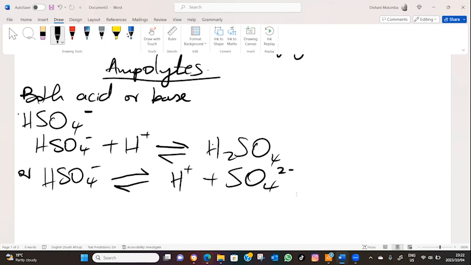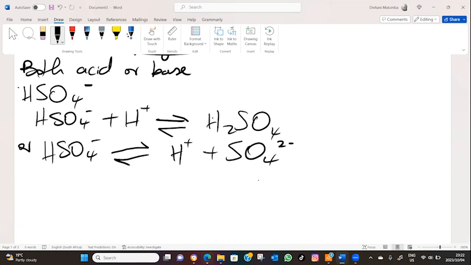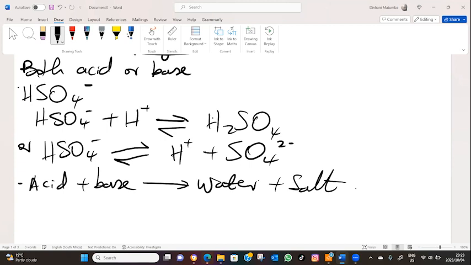Now, another observation with acids and bases is that when you add an acid plus a base, you will get water plus salt. All right.